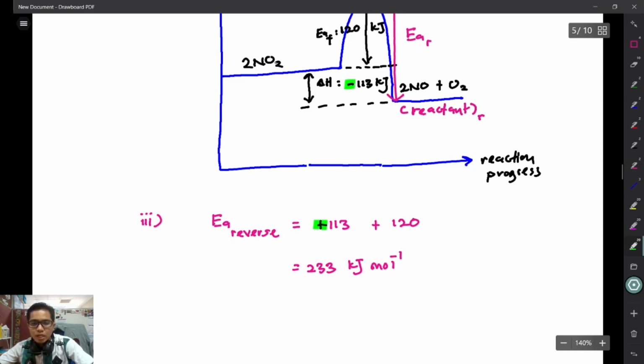Because the forward reaction is exothermic, meaning the reverse reaction is endothermic. From bottom to the top, it needs energy. So it must absorb positive 113. Remember, the negative sign only represents that energy is being released, or heat is released.